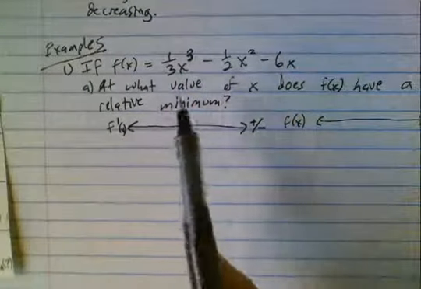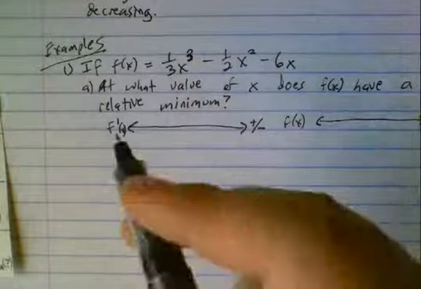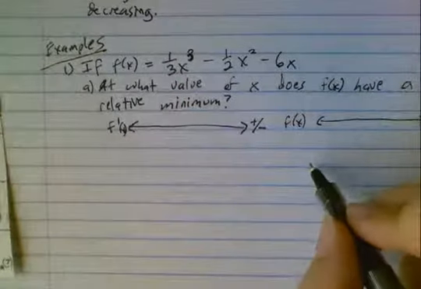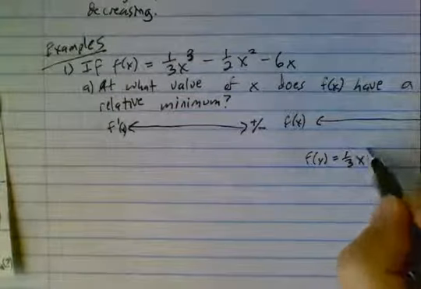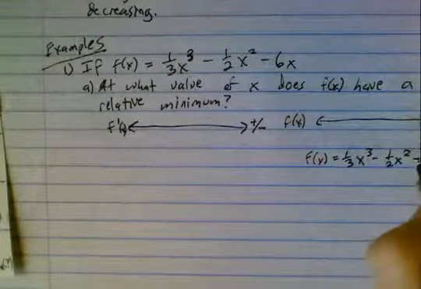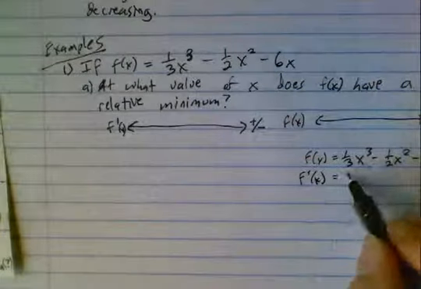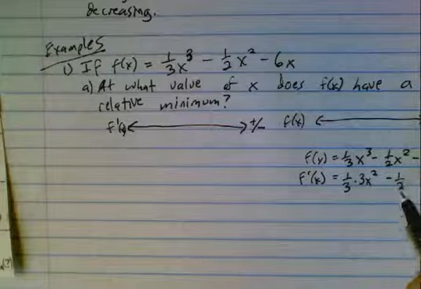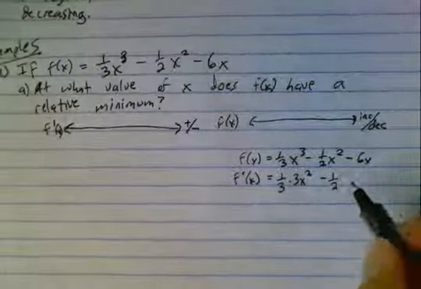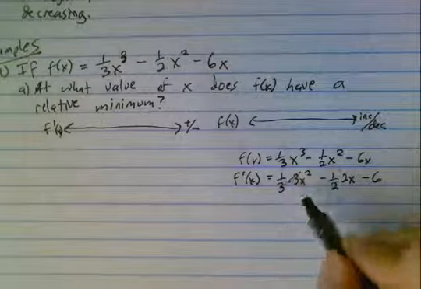So now, because we're working with f prime of x, that means we need to get f prime. So let's start off with this. We've got f of x equals 1/3 x cubed minus 1/2 x squared minus 6x. F prime of x, 1/3 times 3x squared minus 1/2 times 2x minus 6. Those cancel out.